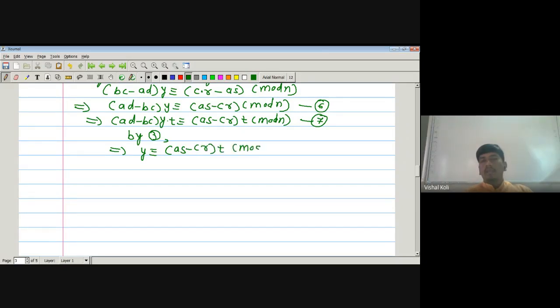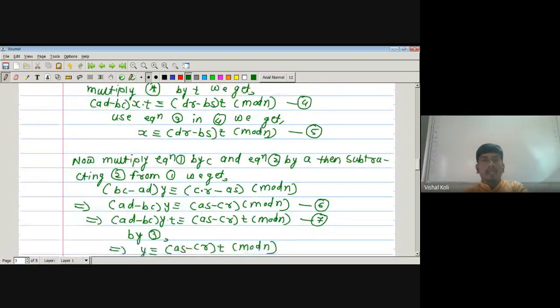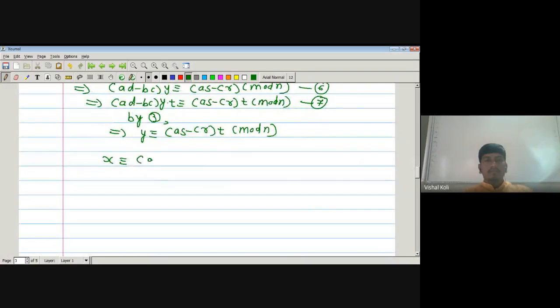Therefore, here we get the values of x and y, which is the required solution: x is congruent to (dr minus bs) t modulo n, and y is congruent to (as minus cr) t modulo n.